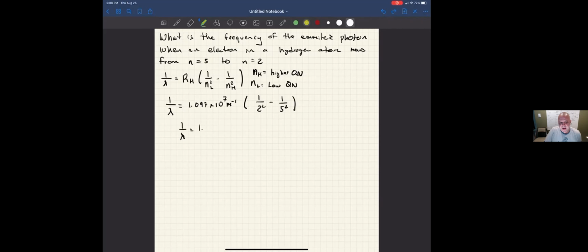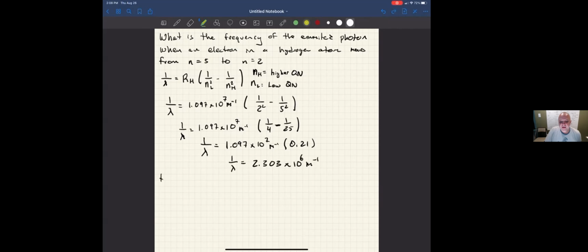Rewriting that, 1.097 times 10 to the 7th per meter times 1/4 minus 1/25. If you take the 1/4 and subtract from it 1/25, you get 0.21. So we end up with 1.097 times 10 to the 7th per meter times 0.21, and what we get from that is 2.303 times 10 to the 6th per meter.